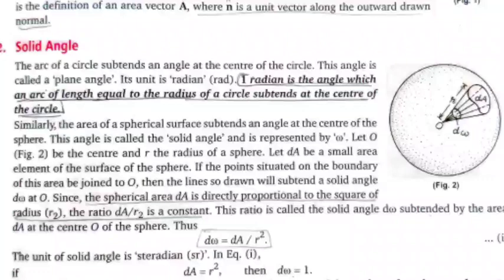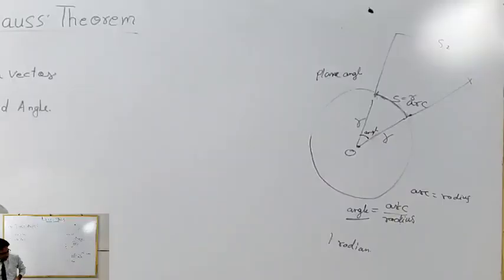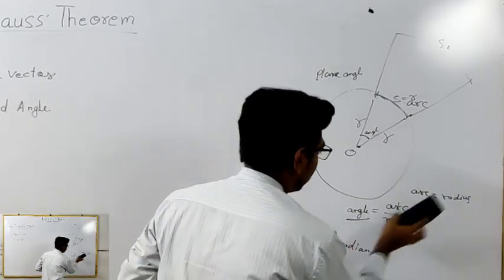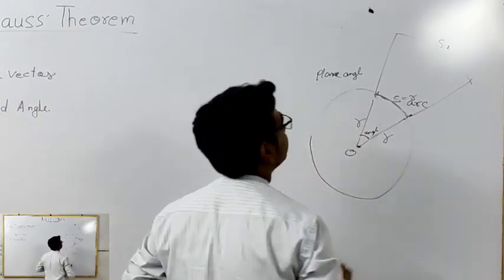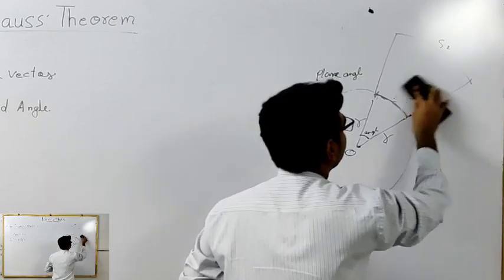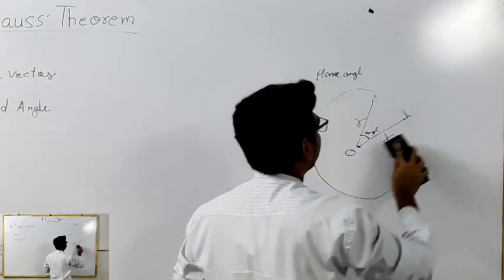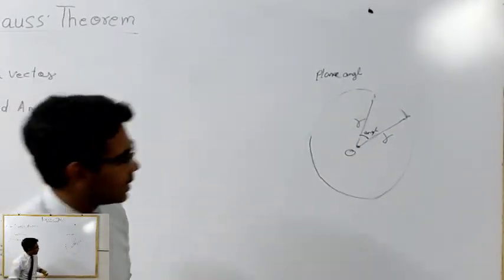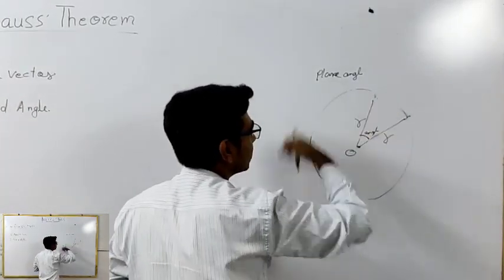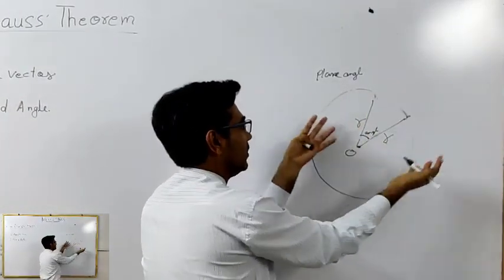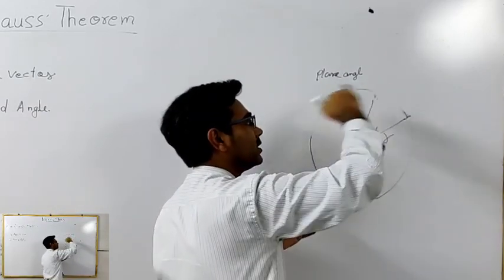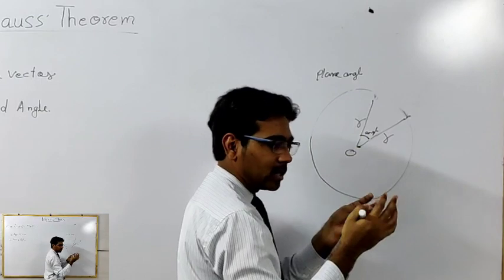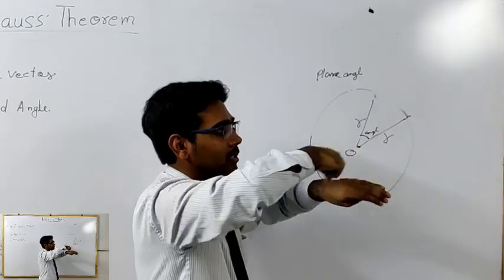So in this concept, instead of a circle, consider a ball, a sphere. When there is a sphere, there is a spherical surface. If you take a ball, you have a spherical surface.